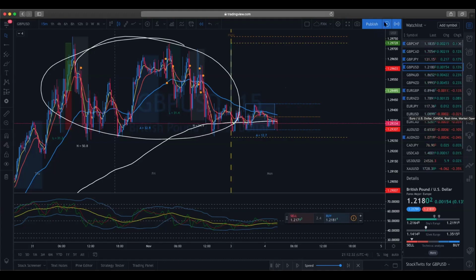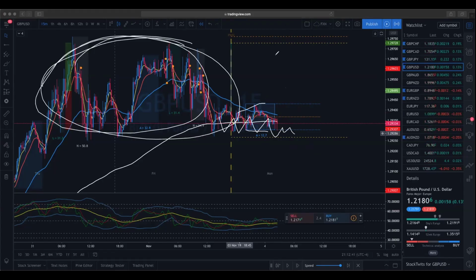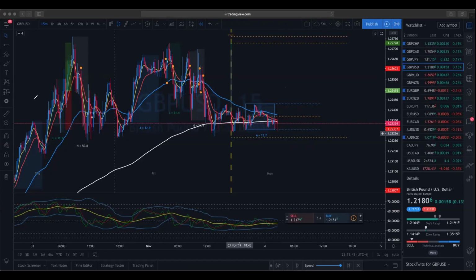Right, peak formation. This movement in the Asia is basically off of the peak formation that was created from last week.